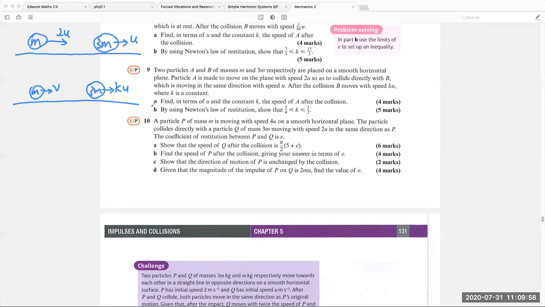For part A, you want to find this speed. So obviously, you still apply the conservation of momentum. And then I think it's not difficult to get the answer.